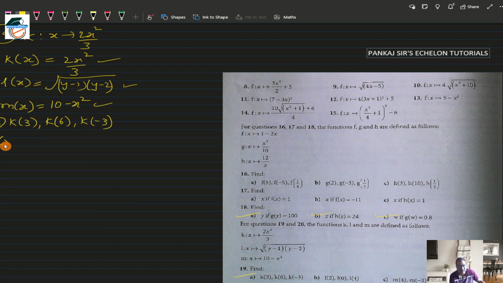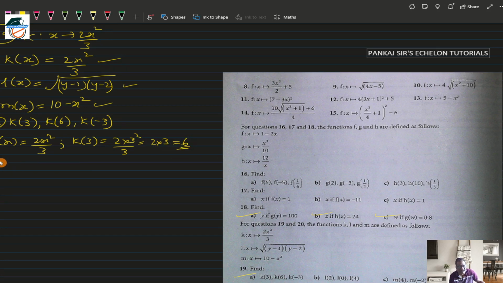To find K of 3, we go to K of x equal to 2x square upon 3. K of 3 equals, plugging in 3 in place of x, 2 into 3 square upon 3, which works out to 2 into 3, that is 6.